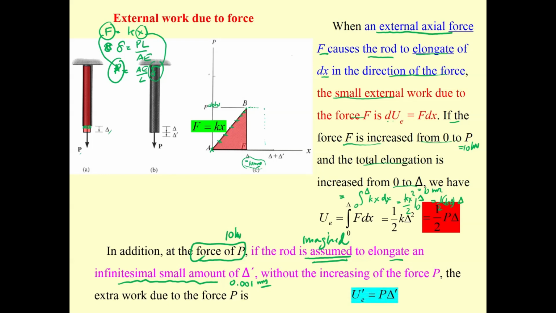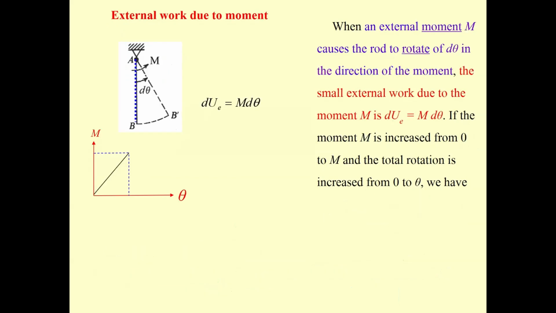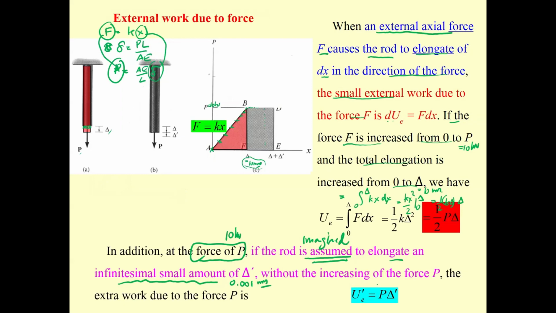What happened? The extra or additional work due to the force P is going to be this area. Actually, this one is supposed to be very small; the picture is misleading. This area is going to be P times delta prime, the light blue area.